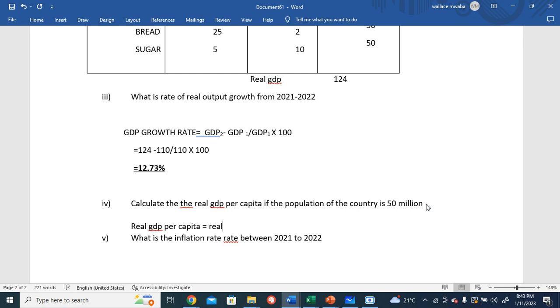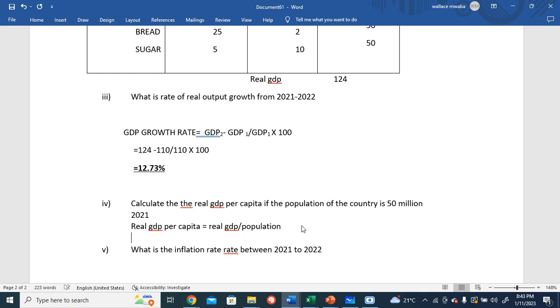Per capita means per person. Real GDP per capita equals our real GDP divided by our population. So we find the real GDP per capita for 2021 first.